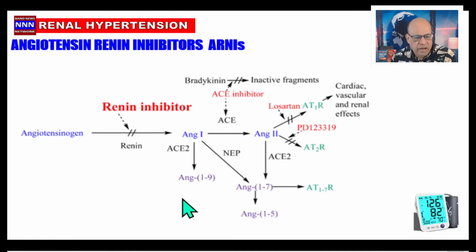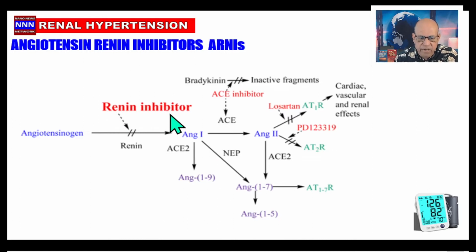Okay, let's talk a word about renin inhibitors. As I said, renin is primarily produced by the juxtaglomerular apparatus, which is located at the afferent arterioles going into the glomerulus, as I showed you in the previous slide. That renin acts on angiotensinogen, which is produced in the liver, and converts it into angiotensin 1.